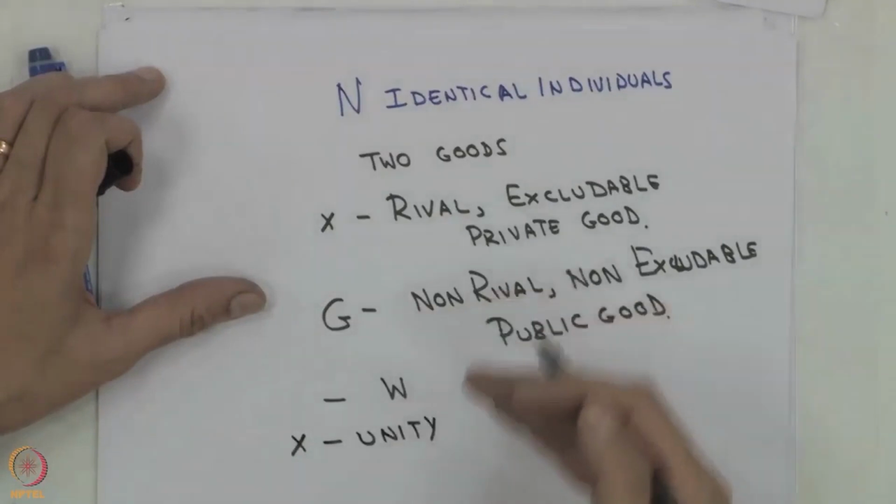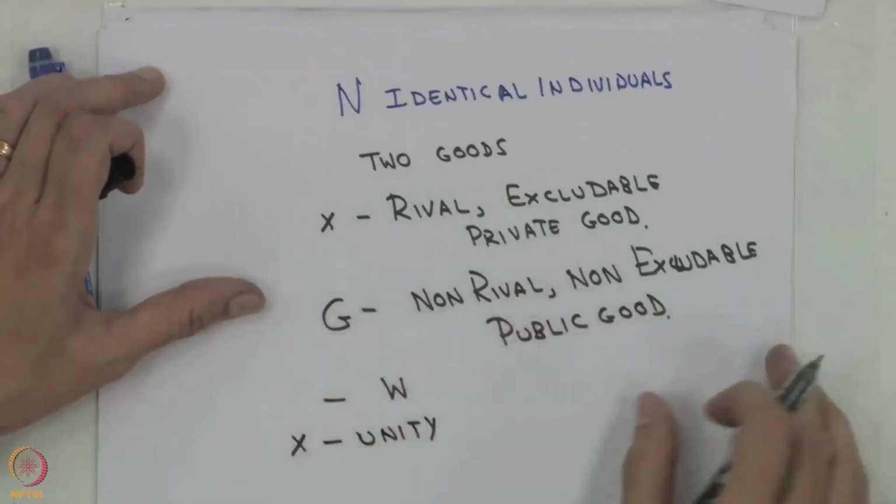We can of course adjust the quantities so that both have the same unit price, and with this example assumption, each individual will have a utility function. Remember, this was n identical individuals.